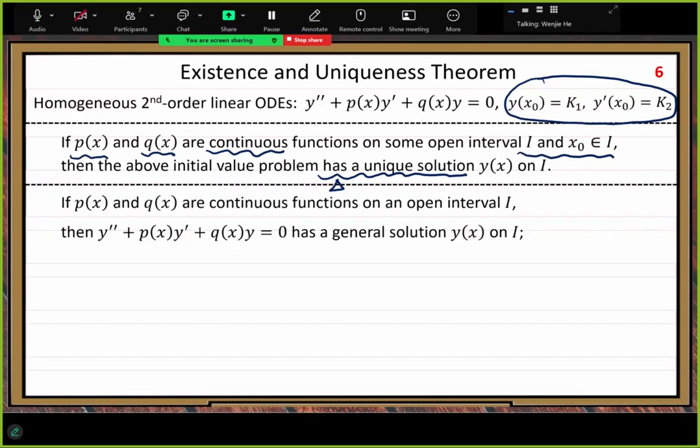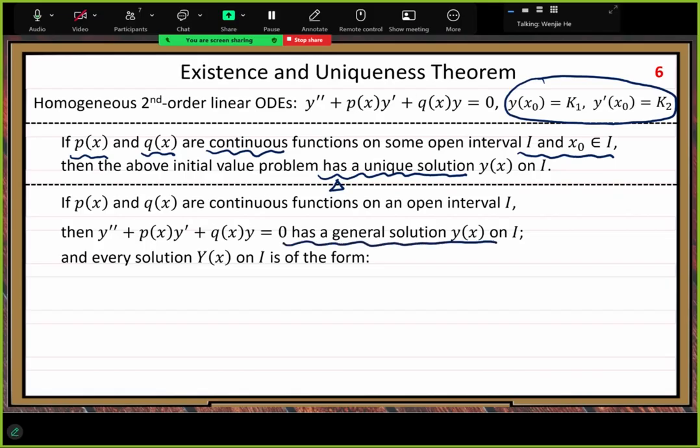All right. Then the conclusion is this homogeneous equation has a general solution on I, open interval I, and its general solution should take a specific form, a linear combination of two solutions, and every solution capital Y of X on I. First, this tells existence, right, it has a general solution.